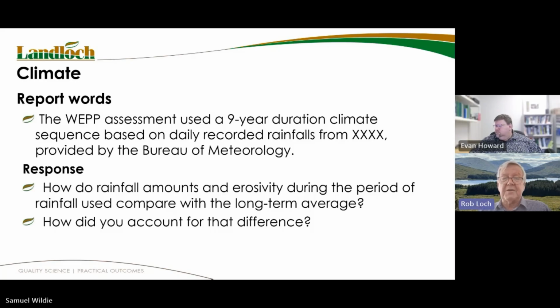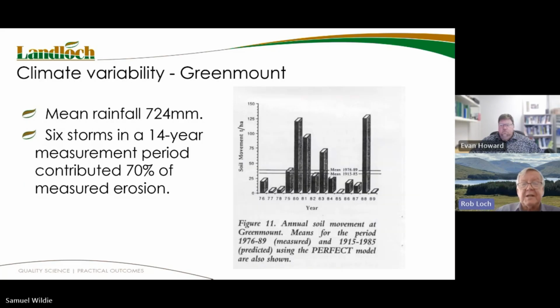Just go to the next slide to demonstrate why. Now, this is data from a long-running experiment in southern Queensland, Black Vertosol clays, eastern Darling Downs. What the graph shows is annual soil movement, but it means erosion. It's how much soil was deposited in the contour bank.